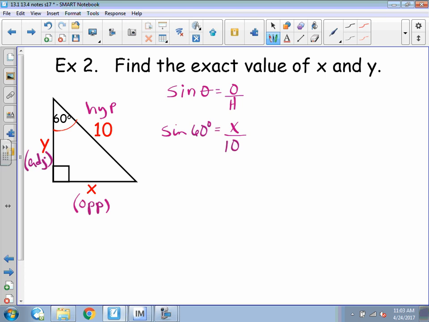So now look at your chart and tell me what is the exact value of sine of 60 degrees? Square root of 3 over 2, right? Okay, square root of 3 over 2. So the square root of 3 over 2 equals x over 10. What do you think we do now? Cross multiply. We cross multiply to solve for x.